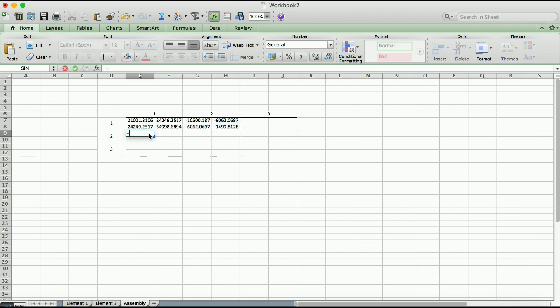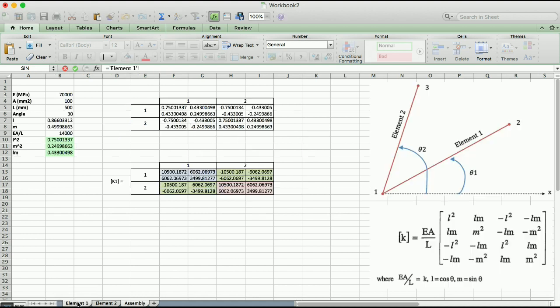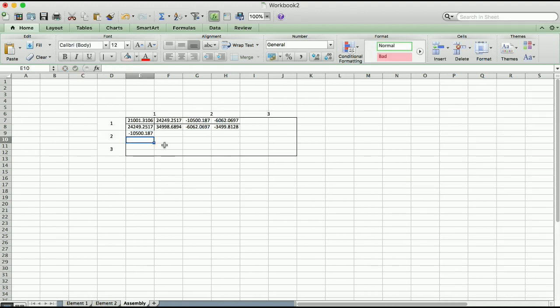Similarly for 1, 2 or 2, 1. As I said, 2, 1 or 1, 2, it doesn't really matter how we label them or how we pronounce them, because they're always symmetric and they're going to stay symmetric. 2, 2 is this field.